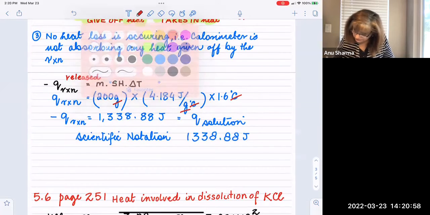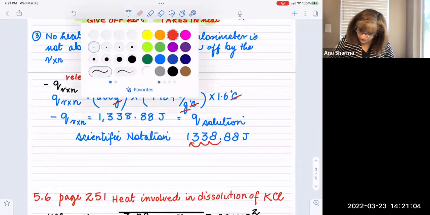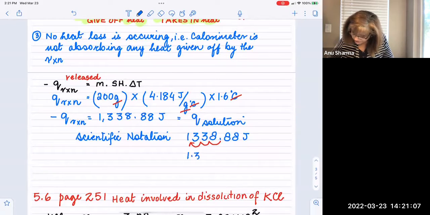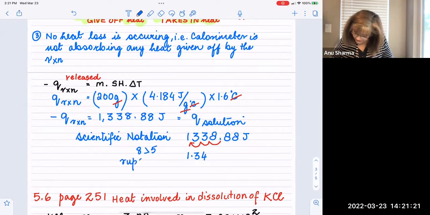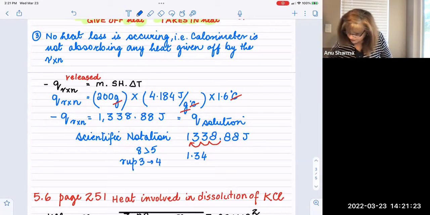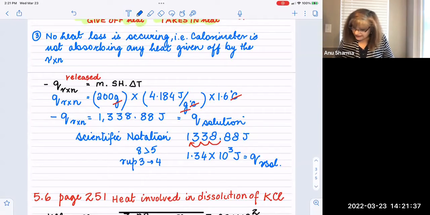Moving the decimal three places to scientific form, it becomes 1.33, and we can drop the 8 and round the 3 up to 4, since 8 is more than 5. We moved it 3 places, so this becomes 1.34 times 10 to the power 3 joules, and that is the heat of the reaction or the solution. It's the same thing. That is the answer.